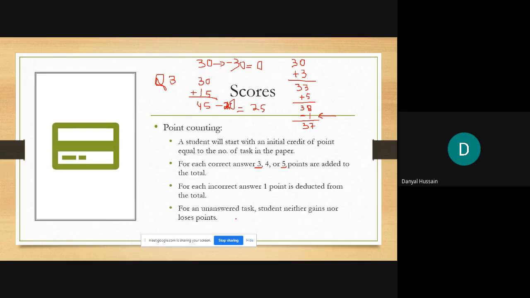For an unanswered task, a student neither gains nor loses points. So for example, if you get 45 points and you don't know the answers of 20 questions, you are neither losing nor gaining these points.